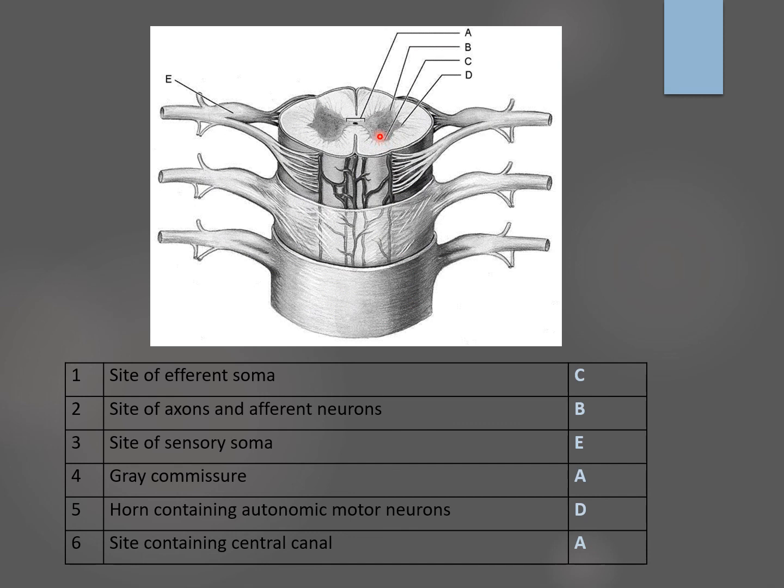These are those motor neurosoma, and so that is going to be C. Your sites of axons and afferent neurons will be at your dorsal horn, B. Your site of sensory soma, remember those are in the ganglia, so that is in the dorsal root ganglion, that is E. Your gray commissure is this connection, that's A. The horn that contains autonomic motor neurons is going to be the lateral horn, okay, that is D. And then the site that contains the central canal right here, and that is A.